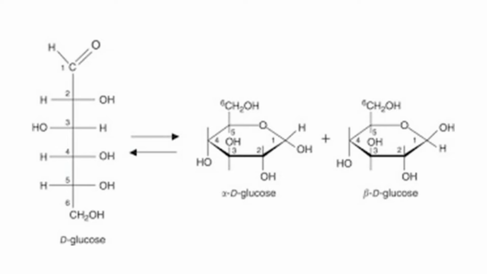The open chain form of glucose makes up less than 0.02% of the glucose molecules in an aqueous solution. The rest is one of two cyclic hemiacetal forms.